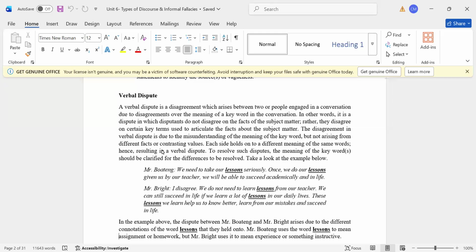The word there is admission, used in the noun form. And the two people are using the word admission, providing different meanings to it. And so it creates a dispute.